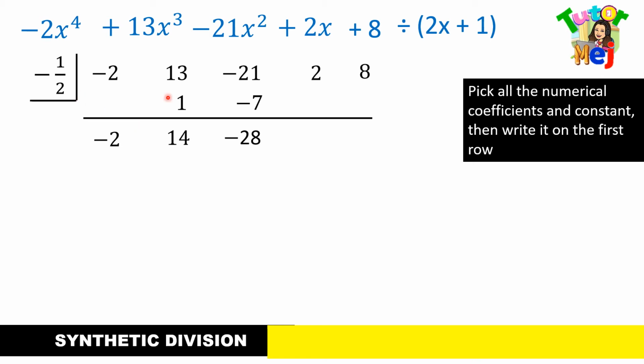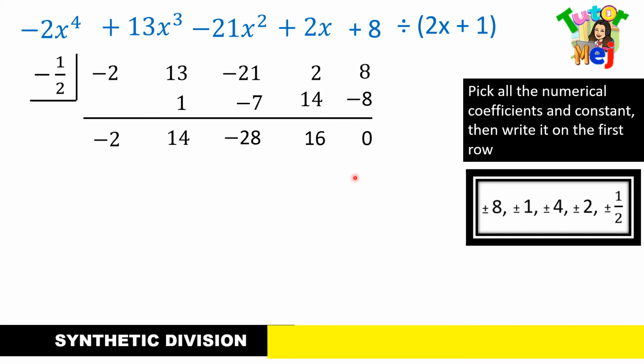Negative 28 times negative 1 half, we got positive 14. 14 plus 2, we got 16. 16 times negative 1 half, we got negative 8. And adding up positive 8 and negative 8, we got 0. So it only means that from our roots, we consider negative 1 half as one of the roots of the given polynomial expression.